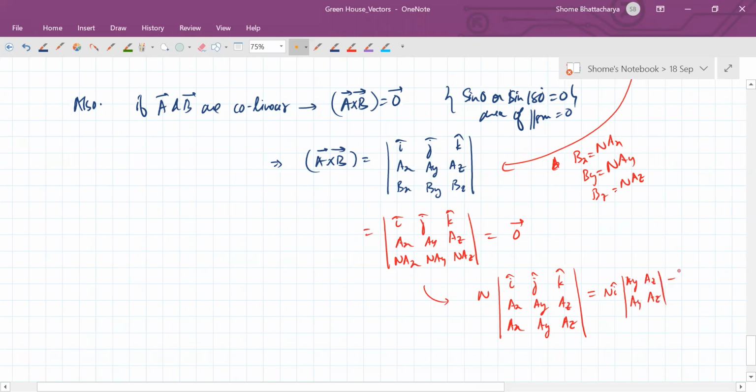And this is minus n j cap. You can see now each of these matrices is 0. Each of these is giving a 0, so this has to be 0. Again, that shows that if this condition is satisfied, then the cross product is 0.